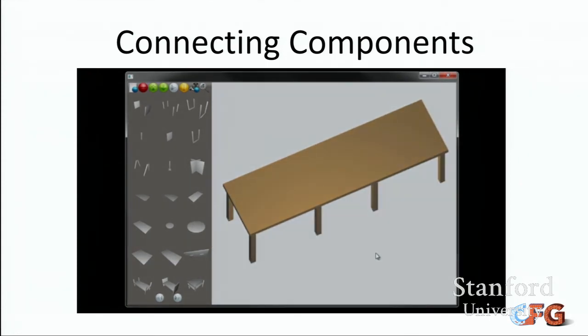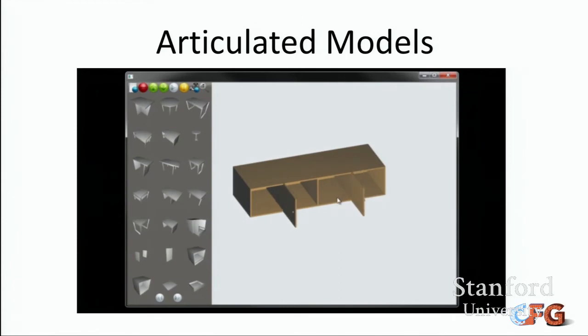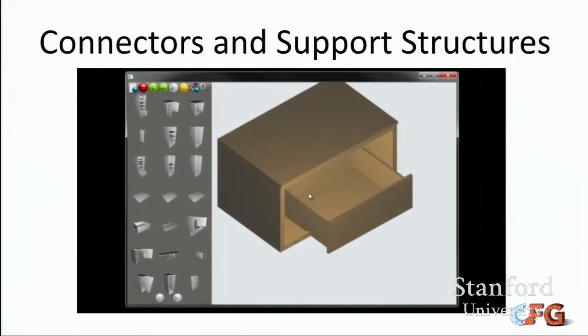So in this case, we provide tools that allow you to snap the components and resize them automatically. We can handle articulated models. So for example, if we bring these doors to this cabinet, it knows automatically that it should resize. It looks for cabinets that are similar and figures this out automatically using the data.